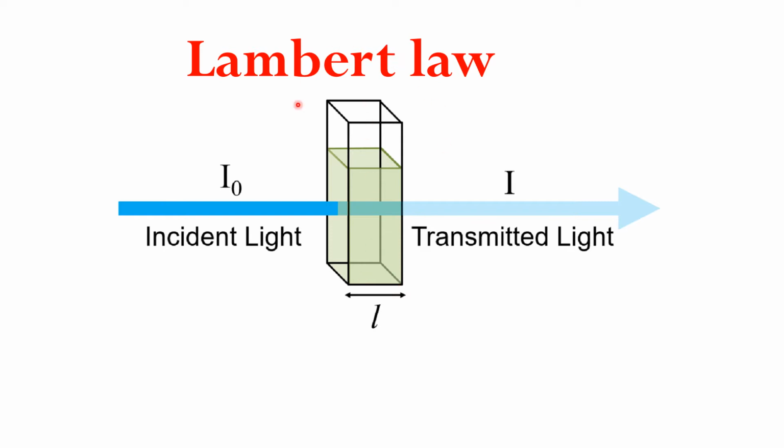We just have to understand what Lambert's law is, that the incident light and the transmitted light also depend upon the path length traveled by the light. That's it. But this is constant in the law, so we don't have to worry about it. We only have to prove Beer's law, keeping Lambert's law constant.